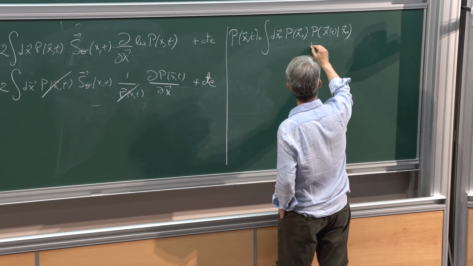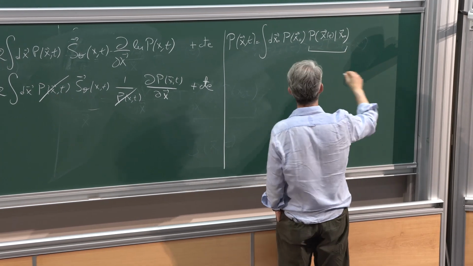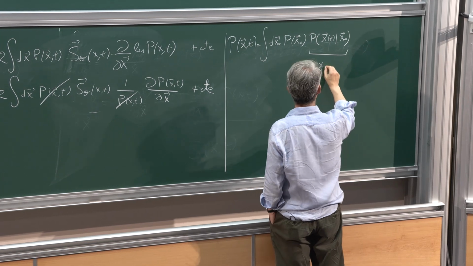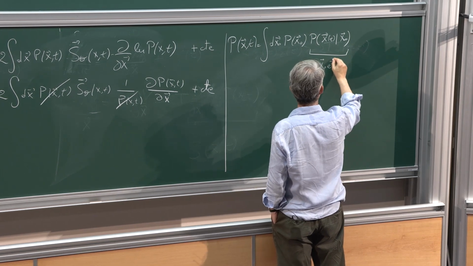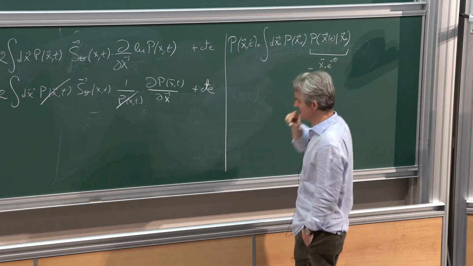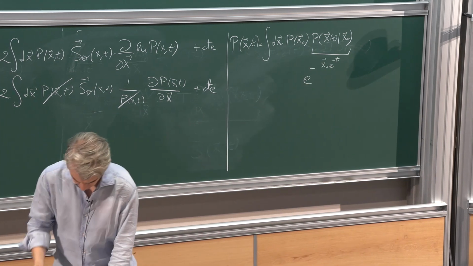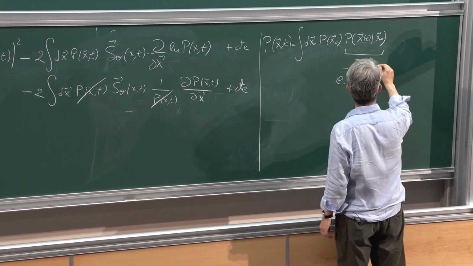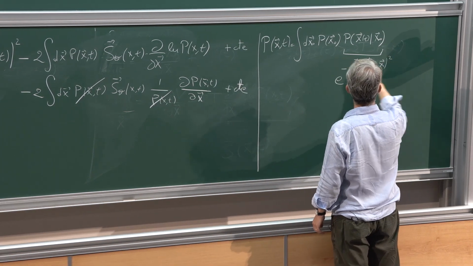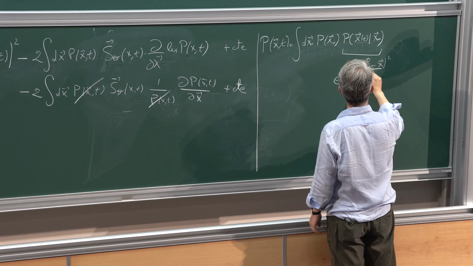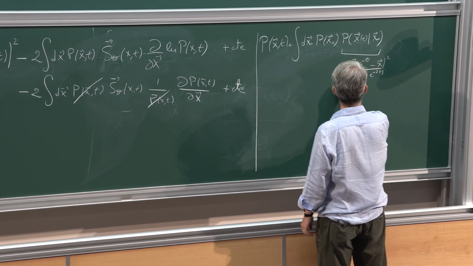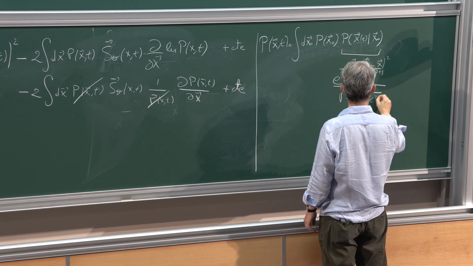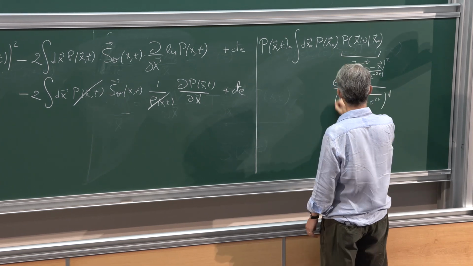All right, so what is this probability? Well, you can read it from there. It's just the exponential of minus x minus x0 exponential minus t, squared, divided by 2 times 1 minus exponential minus 2t, and then the square root of 2 pi times 1 minus exponential minus 2t, to the power of d.